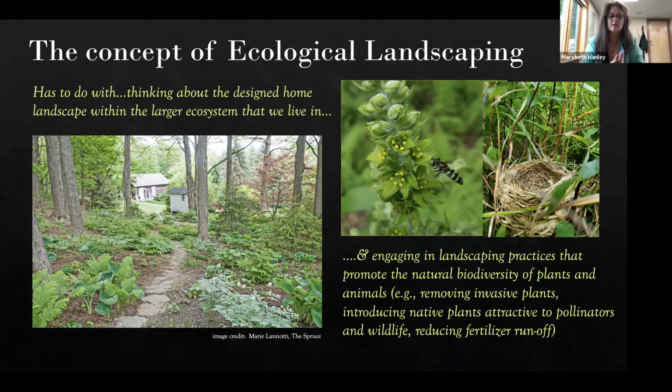And then, in a practical way, engaging in landscape behaviors and practices that promote natural biodiversity of animals, attract pollinators, remove invasive species, introduce native species, and reduce fertilizer runoff if you live on a wetland.